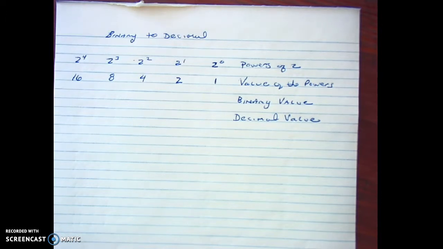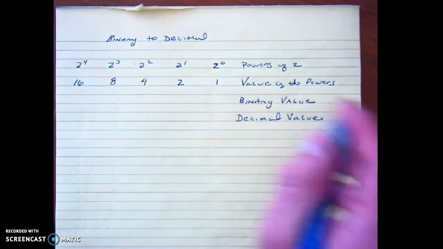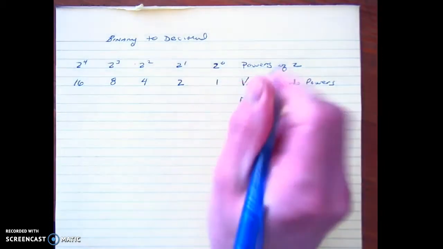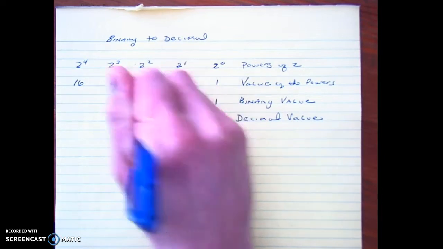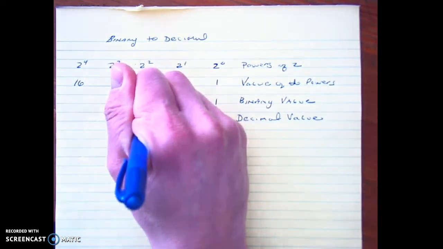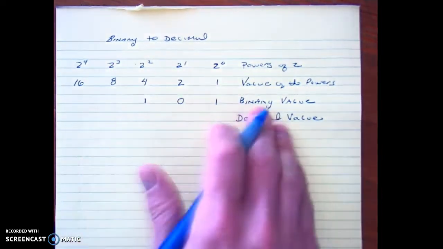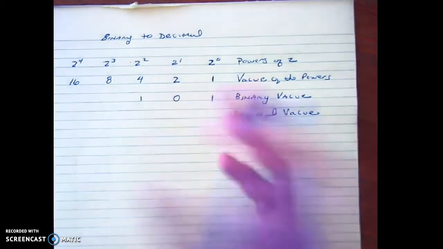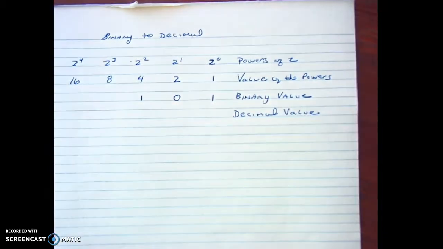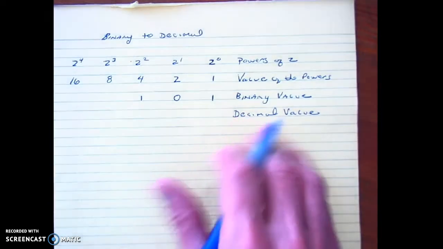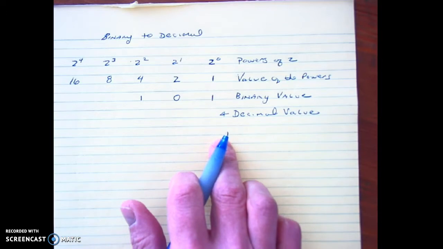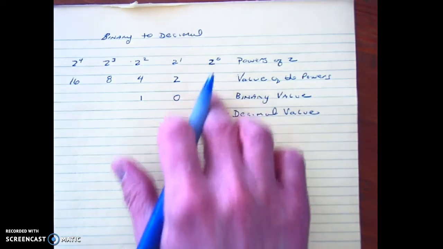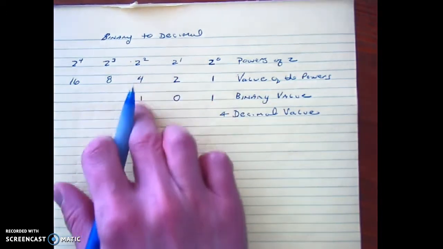So let's say we want to see if some of our math is correct. Let's just do an easy one for now. Let's say we want to take 1, 0, and 1. Let's say we want to know what that binary value is in decimal. So we want to know the decimal value right here. But before we do that, we have to take these two numbers and multiply them.